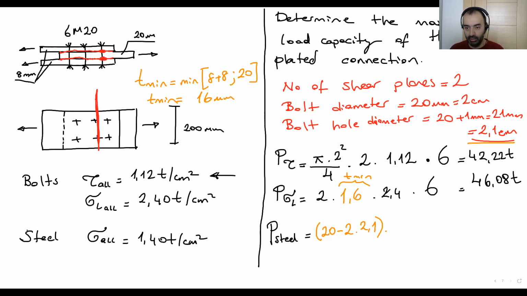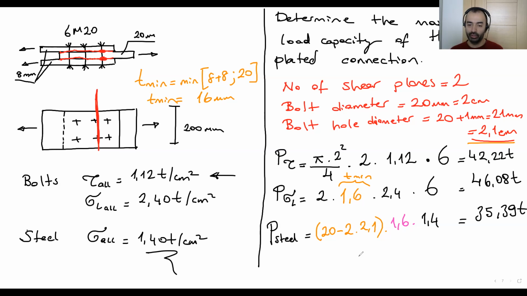What was Tmin? 1.6. Width times thickness times allowable stress, which is 1.4 ton here, equals what? Okay, this is the steel plate capacity.